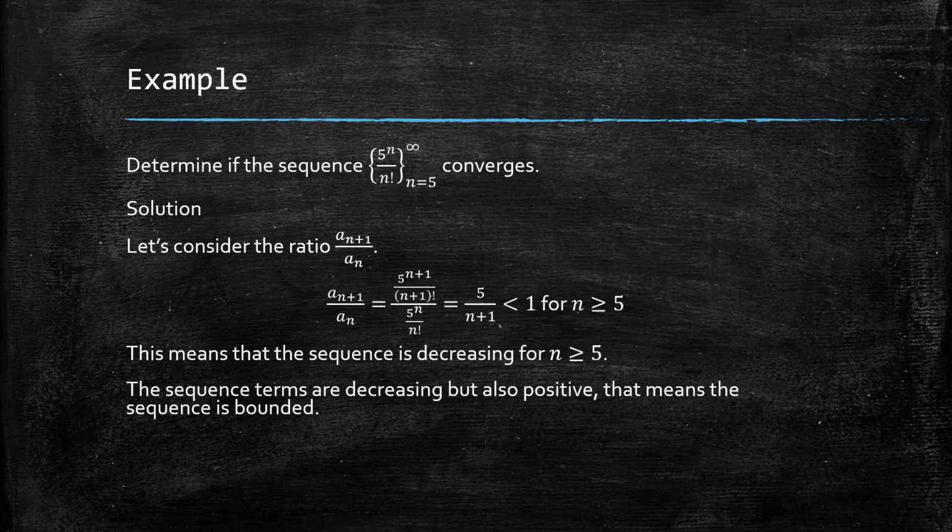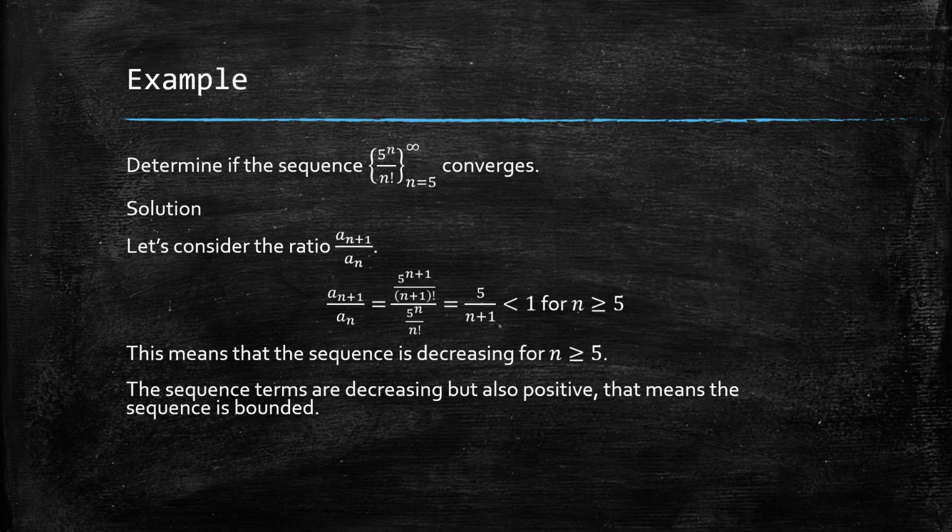Now, one thing to note: the terms are decreasing, but they're also always positive. This means the sequence is bounded below by 0. And it's bounded above by the first term, when n is equal to 5, which is 5/6, because it's always going down afterwards.